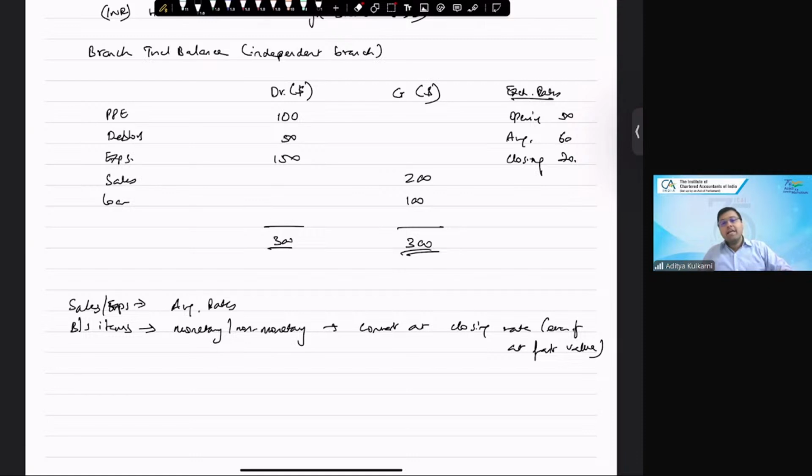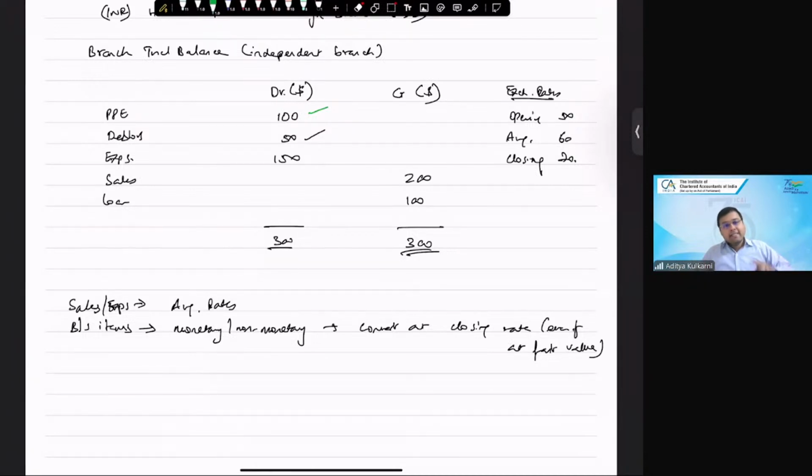And when you are going to sell, what are you going to sell? Will you sell only debtors? Will you sell only property, plant, equipment, or will you sell everything, lock, stock, and barrel? Everything. So when I'm selling everything, it will happen at that specific rate on the date of sale.